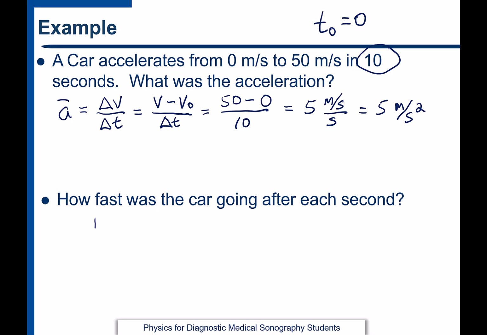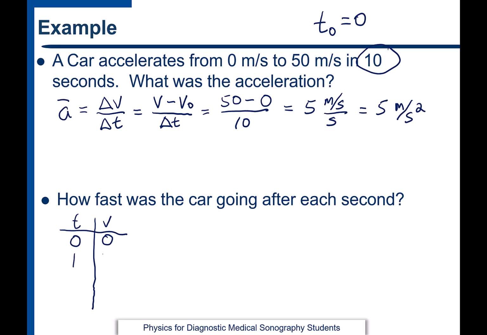All right, so I'm going to just make a little table like we did on the previous slide with t and v. So if the object was not moving when we started, which it wasn't, then again, what this 5 meters per second squared means is that for every second that goes by, we gain 5 meters per second of velocity.